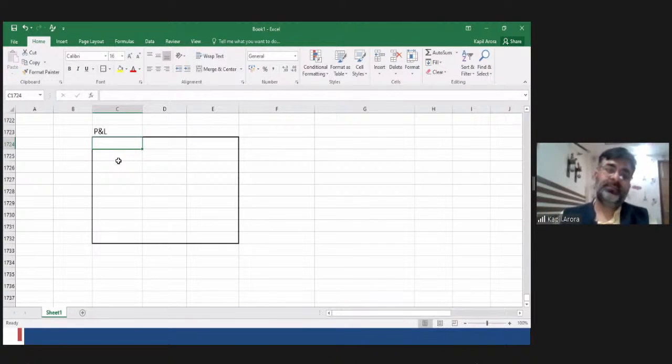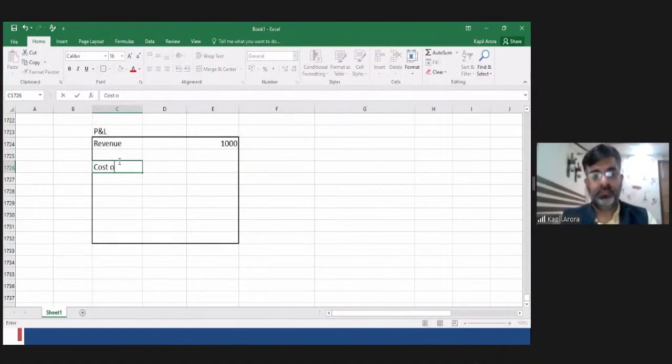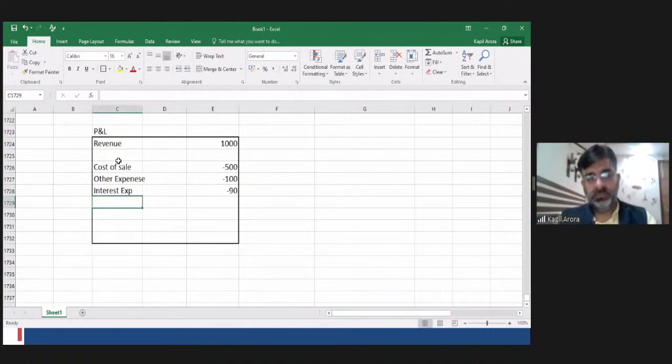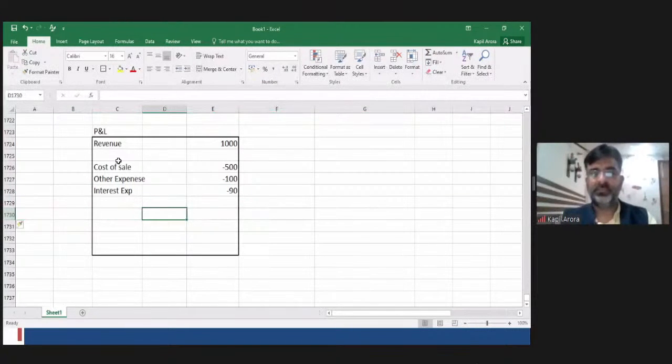Let's assume I have a profit and loss account where I have recorded revenue of 1000, cost of sale at 500, other expenses at 100, and another item at 90. So the profit before tax which we have is 310.